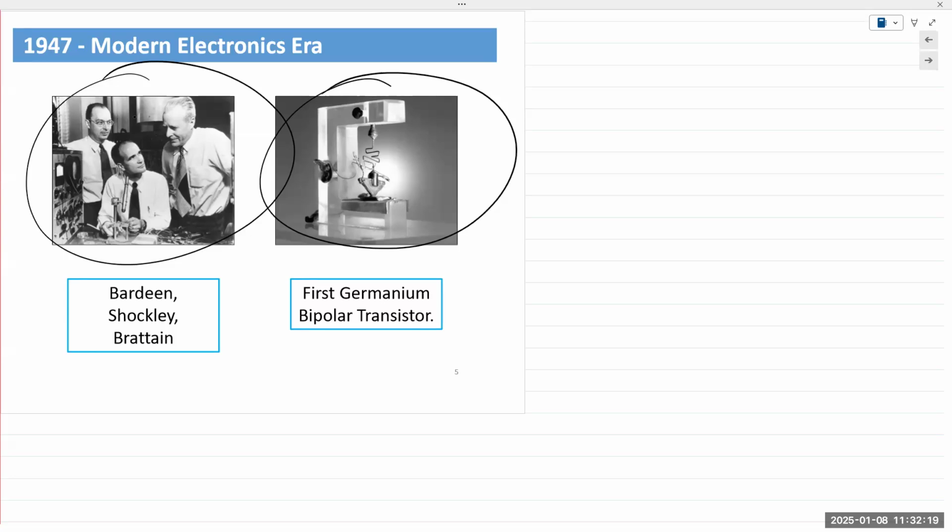There are very few recipients in the world who have won two Nobel Prizes. One of the others was Madame Curie, who won once for physics and once for chemistry, I believe. Anyway, an interesting piece of history.